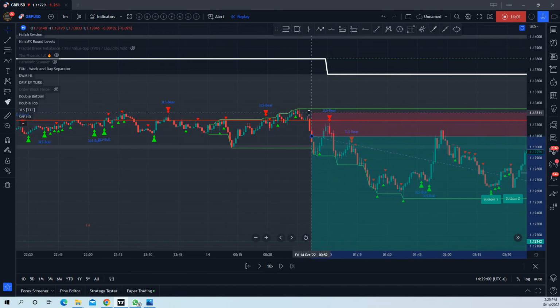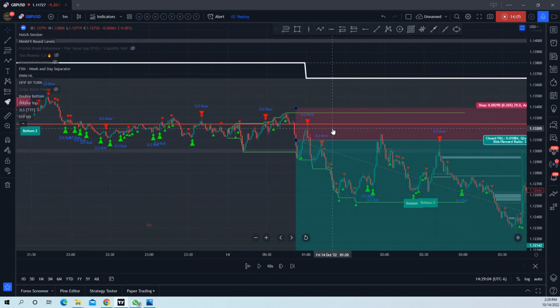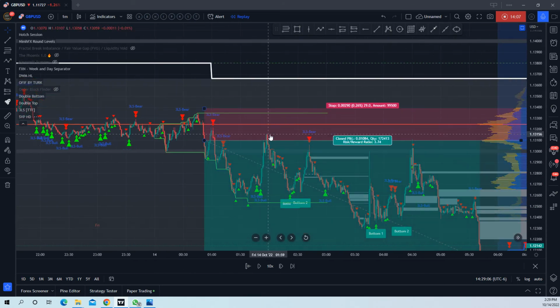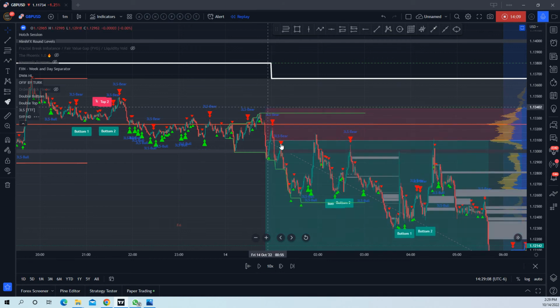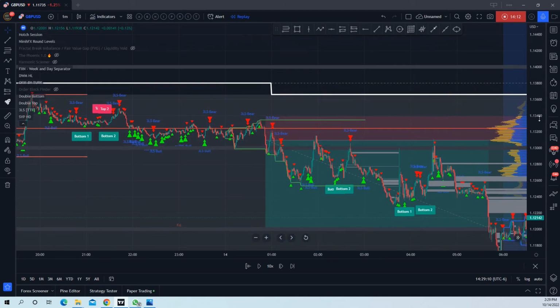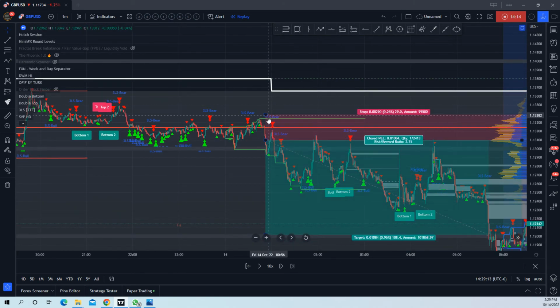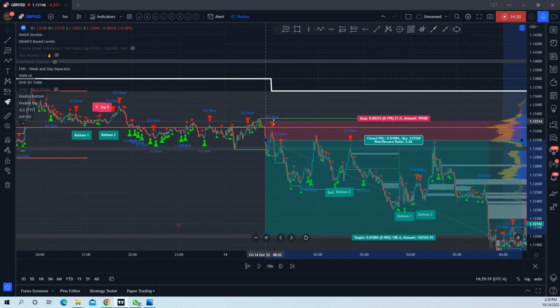You could have had the stop above there. May as well put it above the highs if you're so close, right? For 29 pips, well, it's a bit much really. Maybe maximum 25, but a one-bar stop, yeah, it was up there, 20 pips.